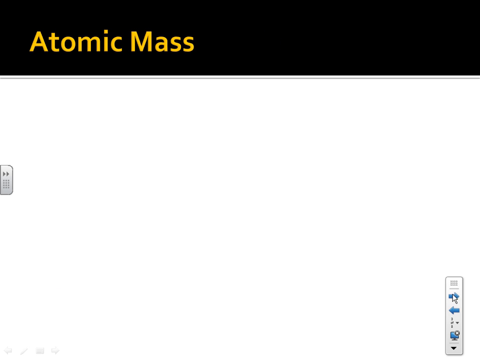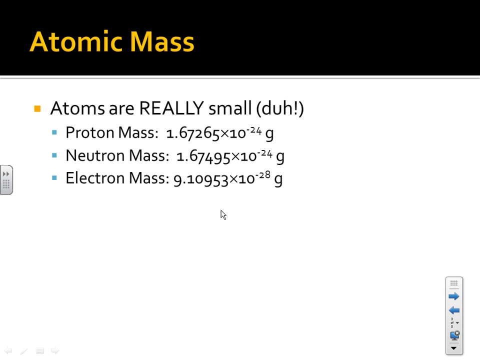Because atoms are too small for us to really do anything with, right? Here are the actual masses of a proton, a neutron, and an electron. So a proton, 1.6726, but times 10 to the minus 24th power.